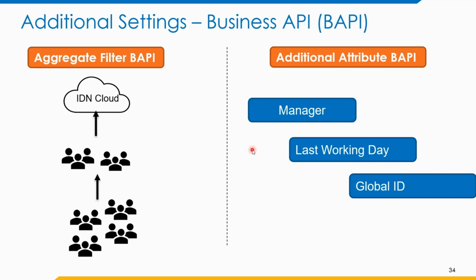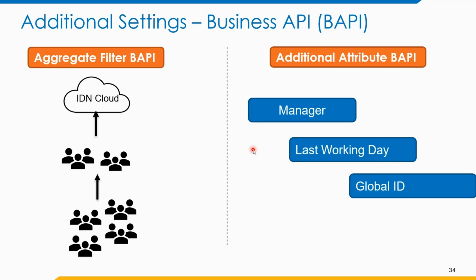Coming to the additional attributes BAPI: when we are aggregating identity data to IdentityNow, the default account schema attributes will be aggregated. If we want to aggregate any extra attributes to IdentityNow, they need to be manually included in the account schema. For example, if you want to include the manager name, last working day, and global identity of the user, those do not come as part of the default account schema aggregation.